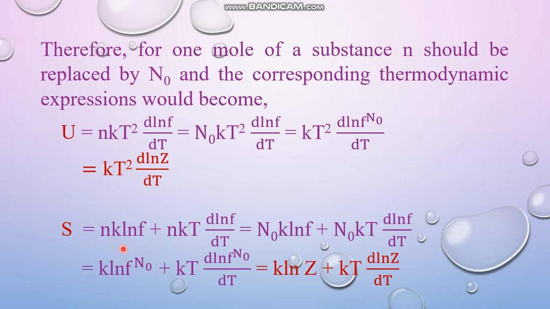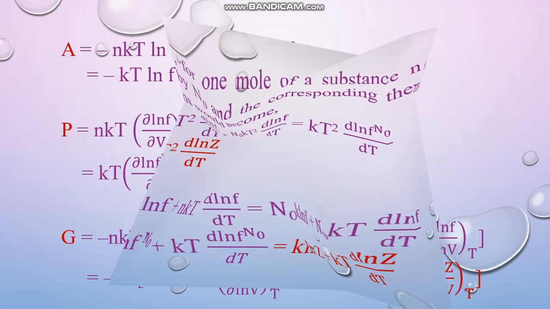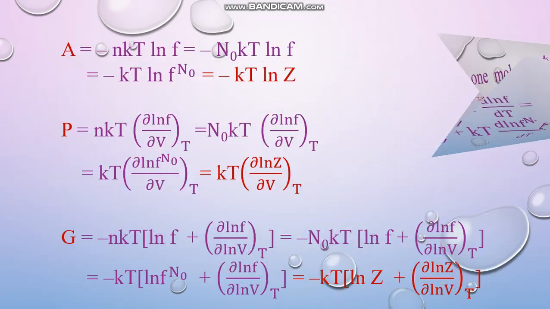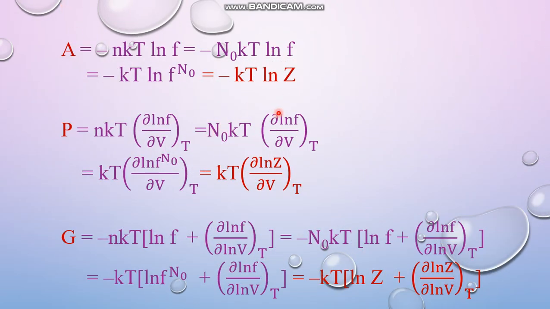Now in the case of S, N k ln f plus N k T d ln f by dT. Replace N by n0, send it to the power of f, and then convert to Z. So it becomes finally k ln Z plus k T d ln Z by dT. Expression of A is minus N k T ln f, and the final expression is minus k T ln Z. I am not discussing it in detail.